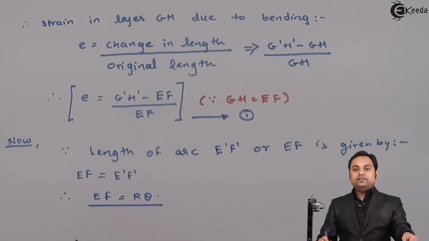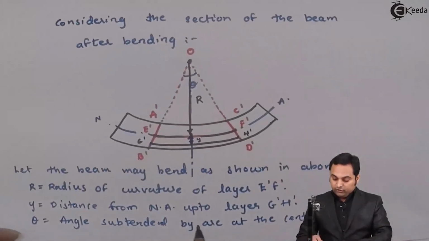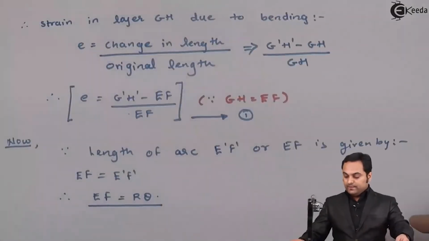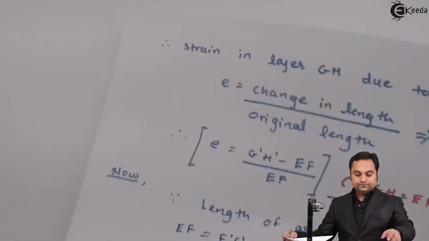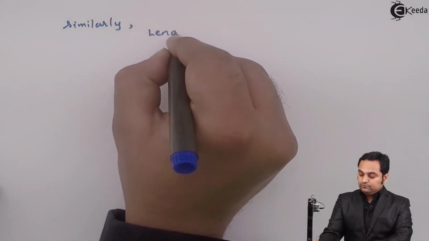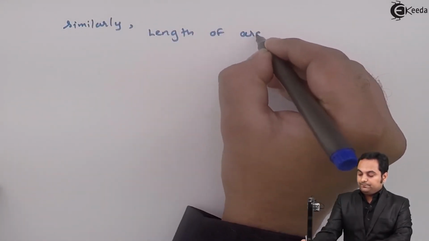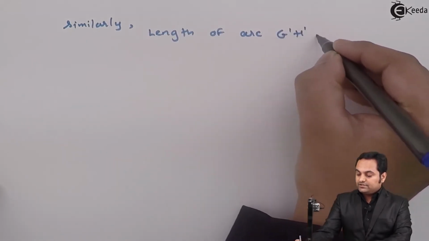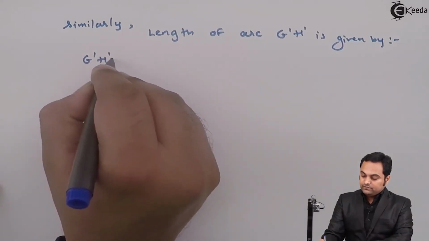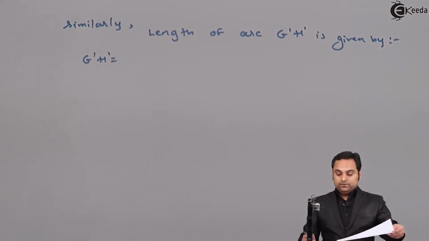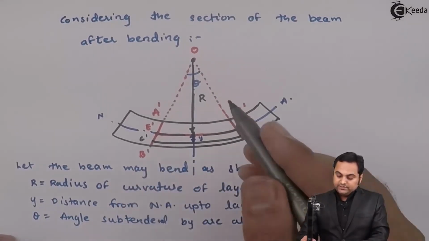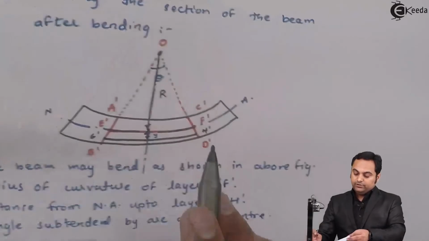Now similarly I will calculate the length of arc for G dash H dash. I want to know the length of this arc. So similarly, the length of arc G dash H dash is given by G dash H dash equal to, now for this layer the radius is capital R plus Y, into theta.